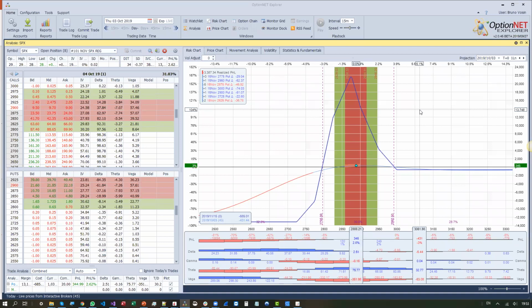Of course now volatility is at a healthier level, and it seems to be doing a good job. Modeling Black-Scholes seems okay. But it's like anything in life: when someone loses your trust, that's it. And actually, I moved on to Option Net Explorer, and I had lesser expectations for that one. I know it's still a work in progress. It does a fair job, but it can do better.